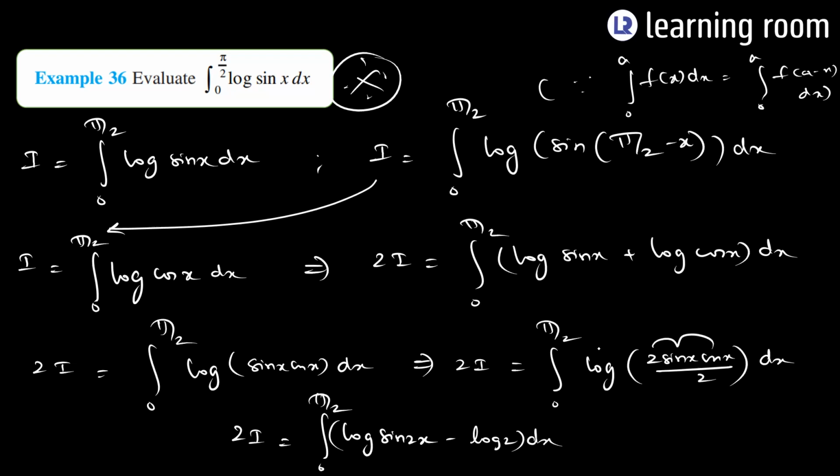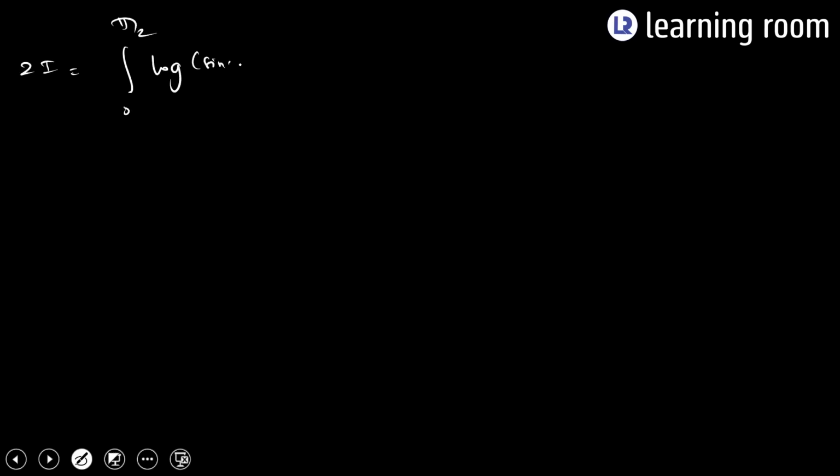So let's take this value. What did we get? 2I is equal to integral of 0 to pi by 2 of (log sin 2x minus log 2) dx.